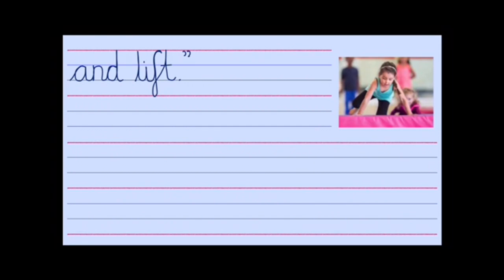Lind spots them and films them too. Lind spots them. Let's write that first. Lind spots them. Teeth on your tongue.